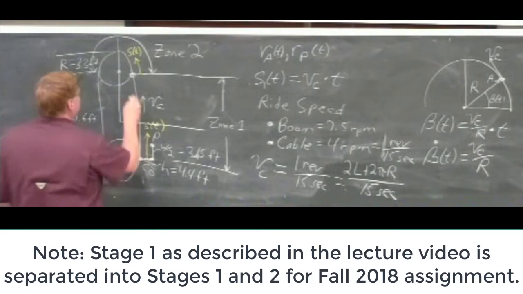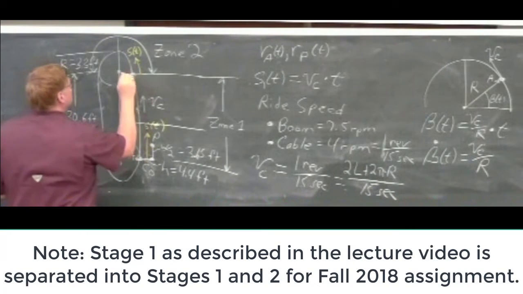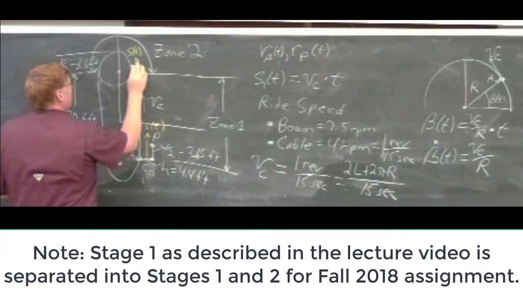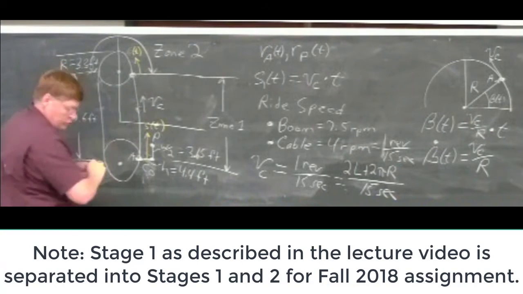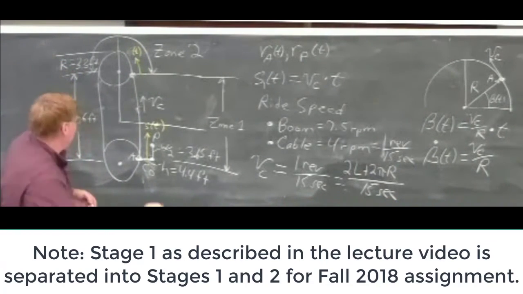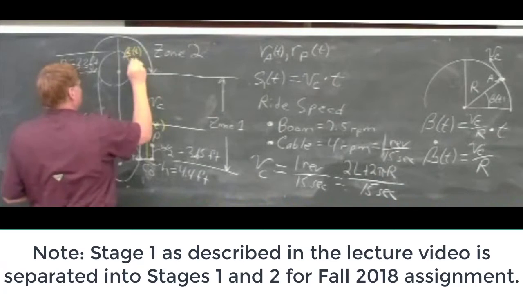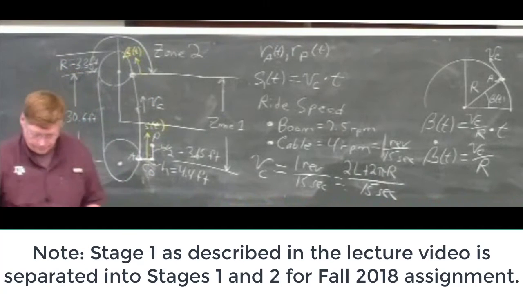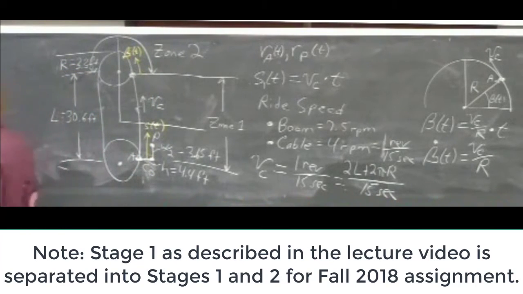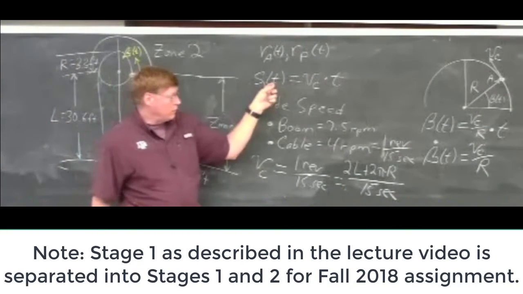So now I'm going to go ahead and switch this to my beta of t. That's what we're measuring there for zone 2. Now that we have both of those as a function of time, we can describe our positions. So this is your task 1A, S1 of t.